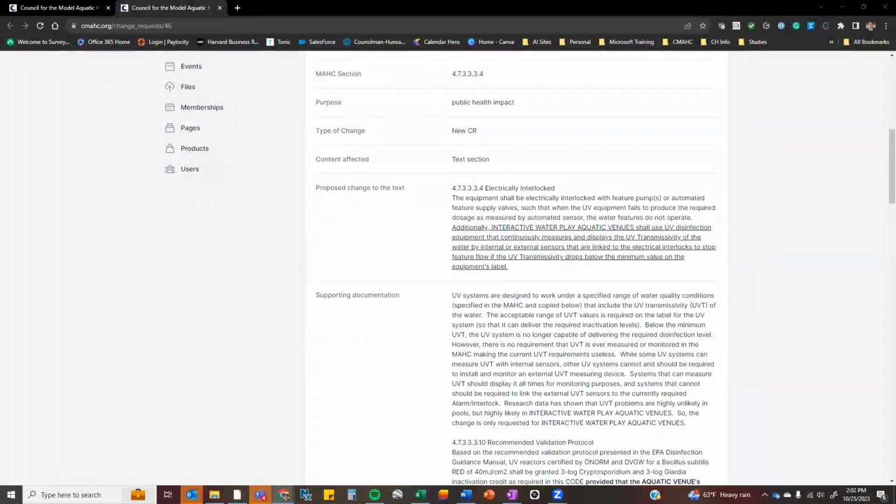In other words, how common are the UVT sensors? How standardized? How easy are they to add to the pool UV systems for your typical operator?